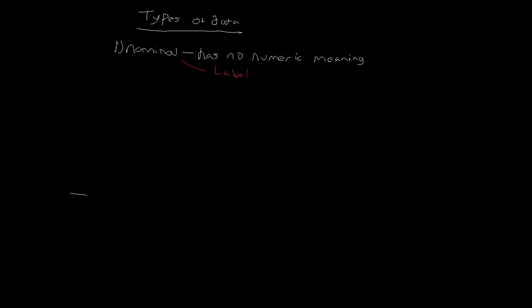So some examples of nominal data would be things like names. Right? So for example, my name is John, right? That's data, right? It's information, but it has no numeric meaning, right? You can't subtract the name John from the name Susie, right? It also has no ranking, right? You can't say that John is better than Susie or anything of that nature.